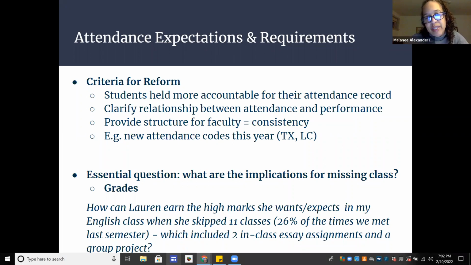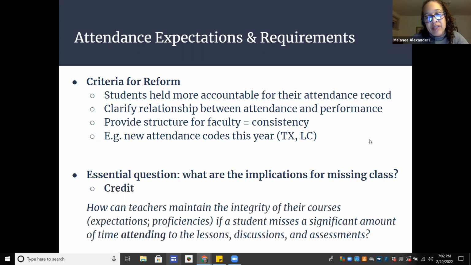Next slide, please. And back to the essential question, are there credit implications for missing class? We want to make sure that teachers are able to maintain the integrity of their courses, that a grade of an 85 in my class is the same as a grade of an 85 in Shannon's class, because we want to make sure that kids are really engaging in similar ways.